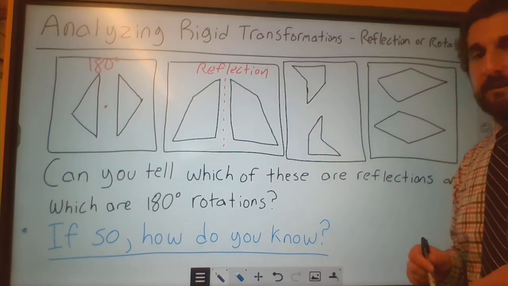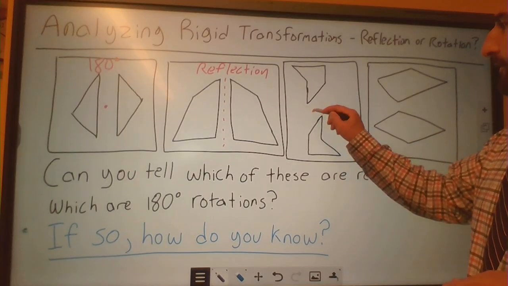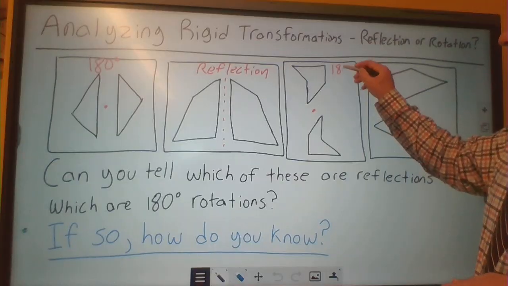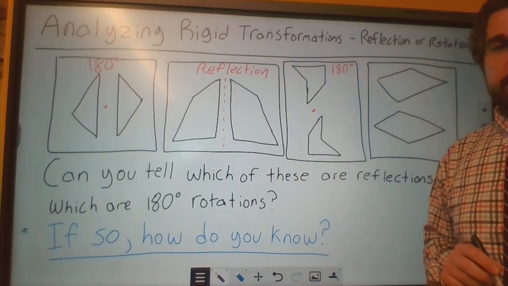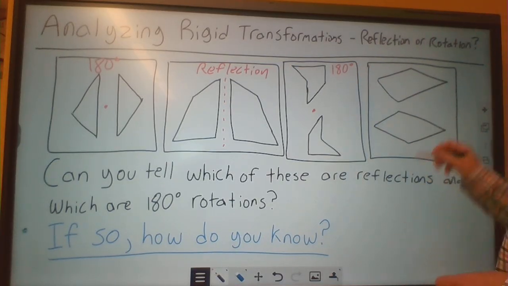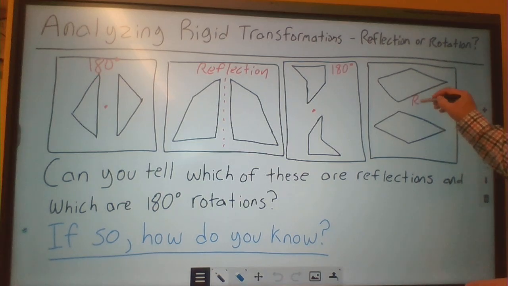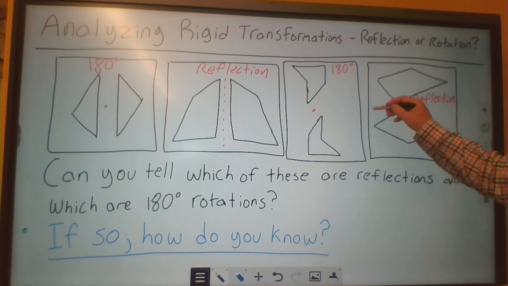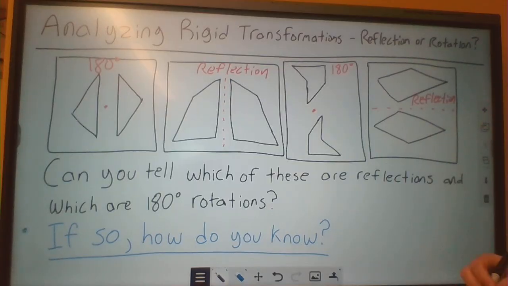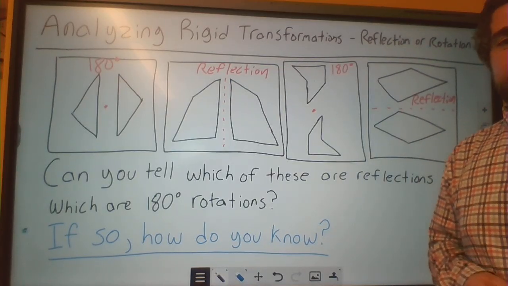Number 3 is a 180-degree rotation with a center of rotation in between. And number 4 is a reflection with a line of reflection in between the two shapes.